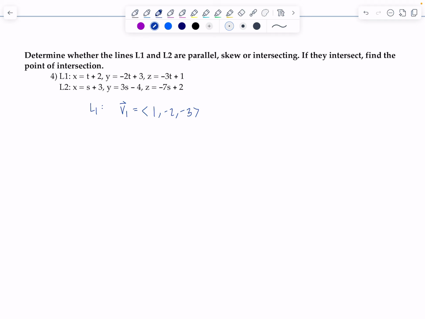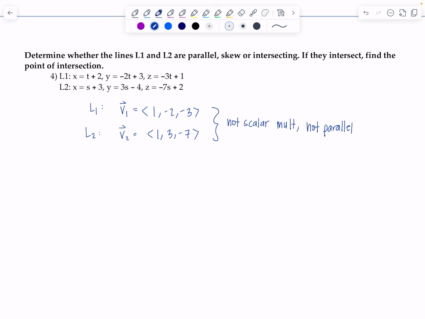I'm just looking at the coefficient of t from the parametric equations. Line 2's direction vector, V2, has components 1, 3, negative 7. So I can see right away these two vectors are not scalar multiples, which means the direction vectors are not parallel. Therefore, the lines are not parallel.